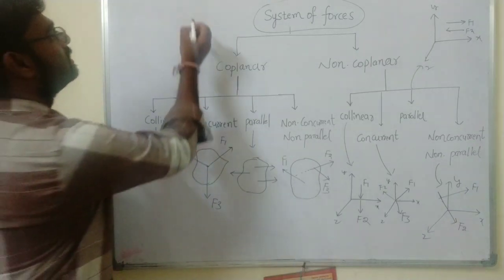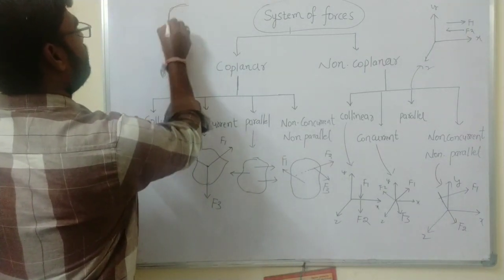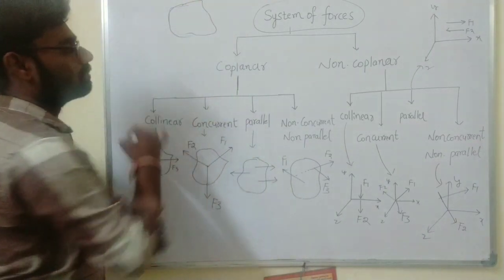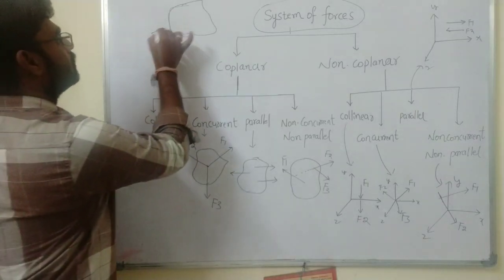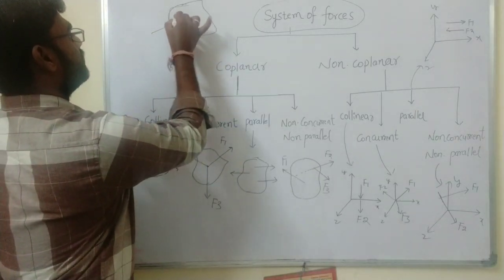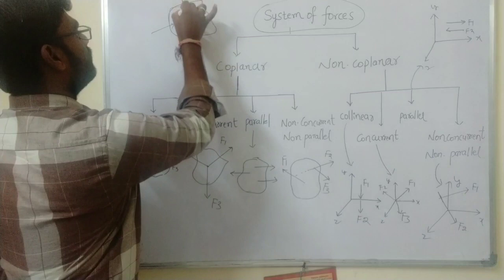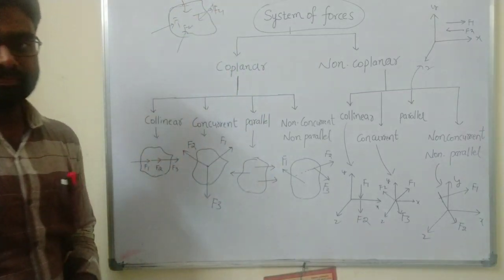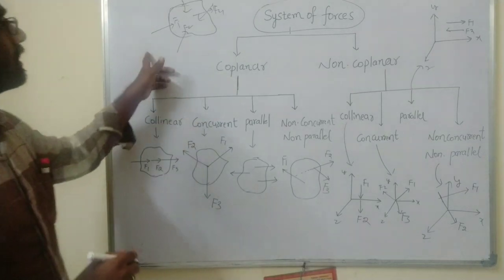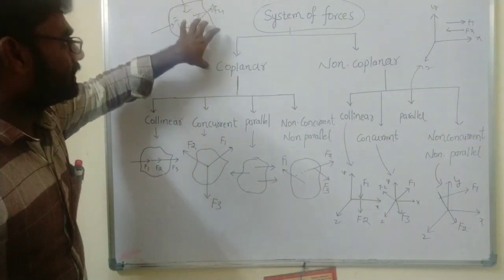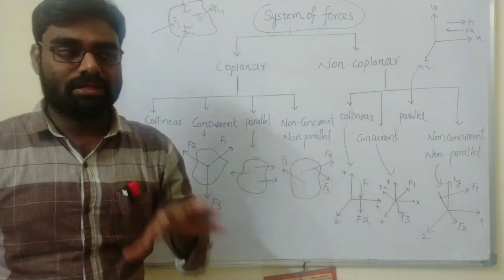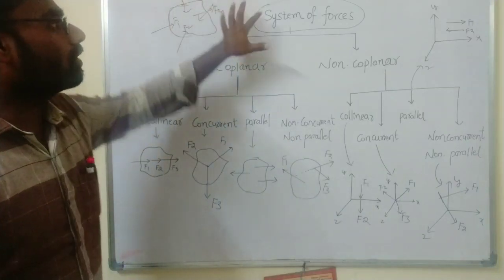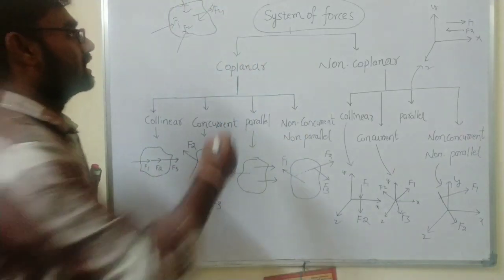Consider one body. Now I am taking forces F1, F2, F3, F4, F5 and F6. The several forces acting simultaneously on a body is called a system of forces.